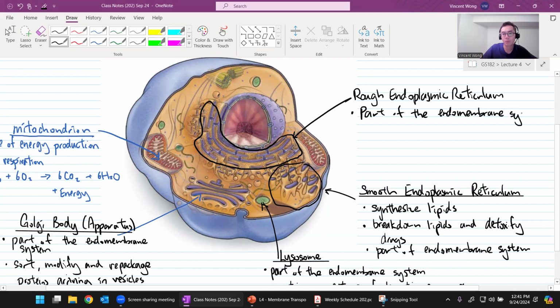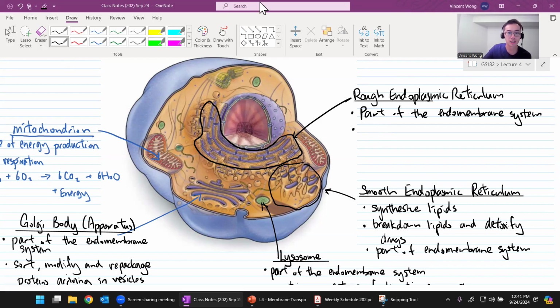And what would the function be for the rough ER? Anybody? What does it do? What does it produce? Protein. That's right. So this is synthesis.